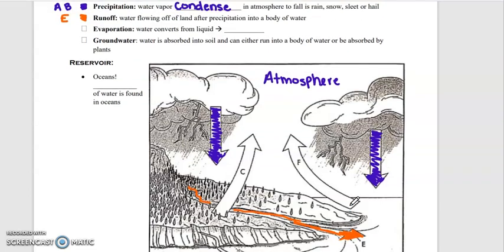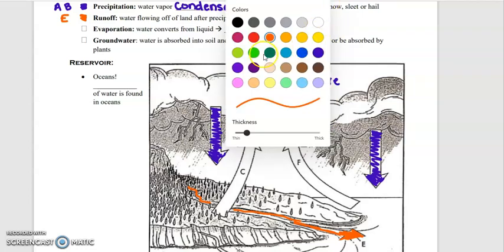But we know, of course, that that does not always happen. On a rainy day, you might look out in your backyard, and while you may see some water running off your driveway and moving across the land into a drain that will eventually empty into a body of water, sometimes the water will just soak in, right? It'll just soak in through the soil. And when that happens, it becomes something called groundwater.